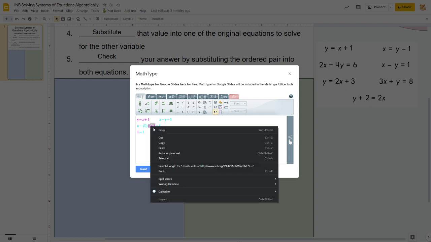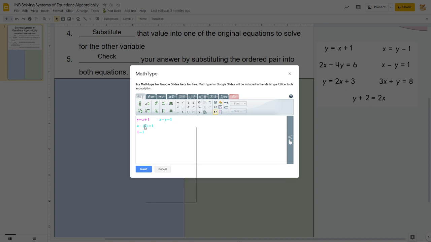So give me a sec. Cut. Paste. So that negative sign ended up going to both. What that means is that the negative sign went to not only the x, but the 1 as well. It made it a negative x, but also a negative 1.